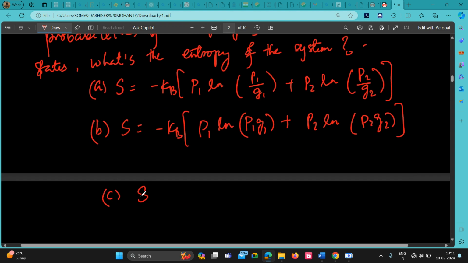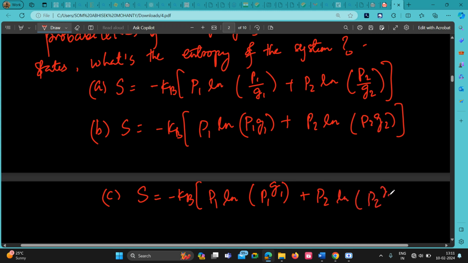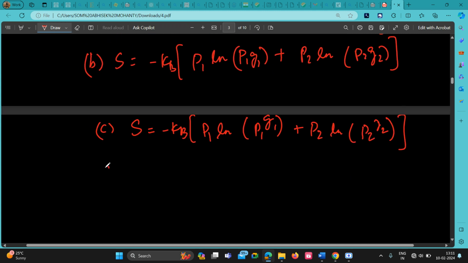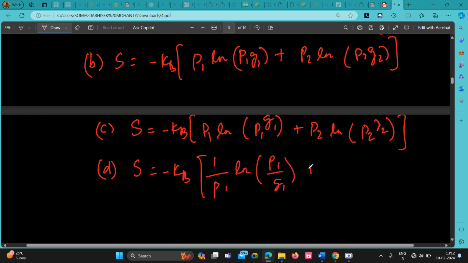Option C, minus KB P1 ln P1 to the power G1 plus P2 ln P2 to the power G2. Option D, S is equal to minus KB 1 by P1 ln P1 by G1 plus 1 by P2 ln P2 by G2.